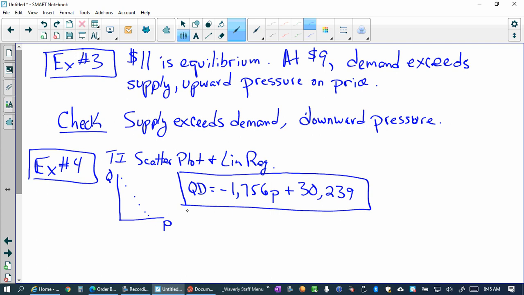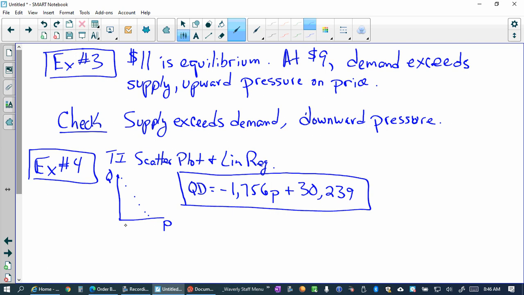That's up here, our 30,000 or whatever, at a price of 0. So they'd be willing to accept 30,000 of these things at $0. Wouldn't that be known as the starting point? So your MX plus B: M is the rate of change, and B is the starting point.